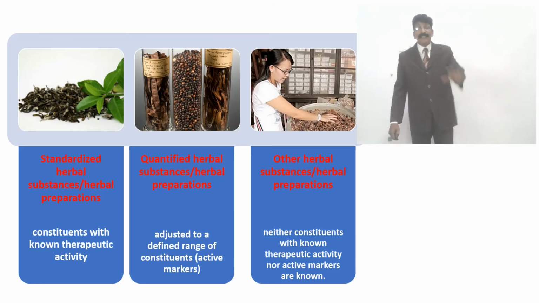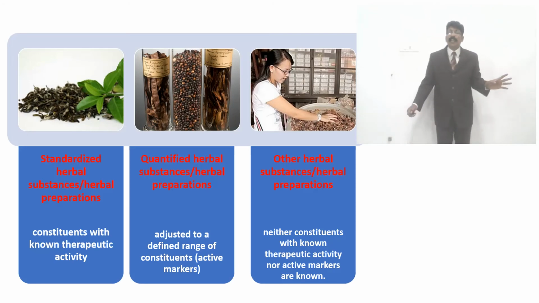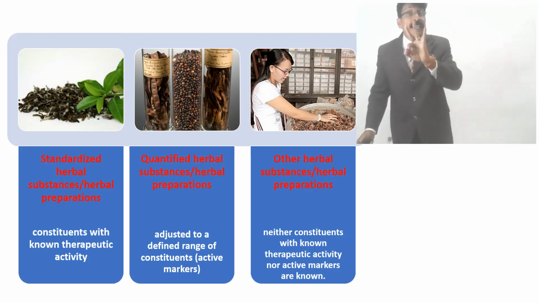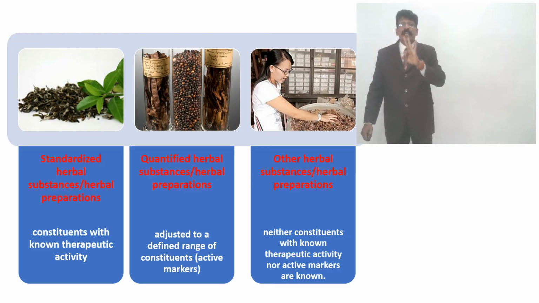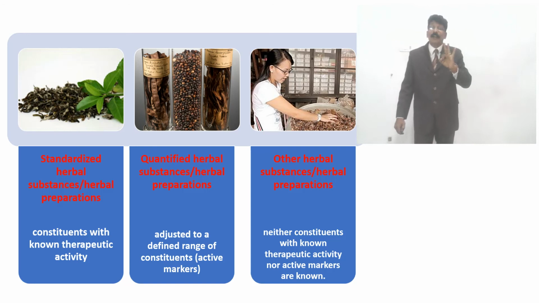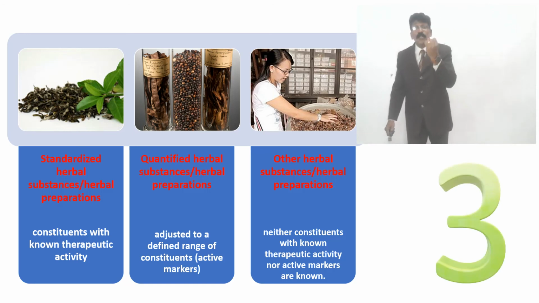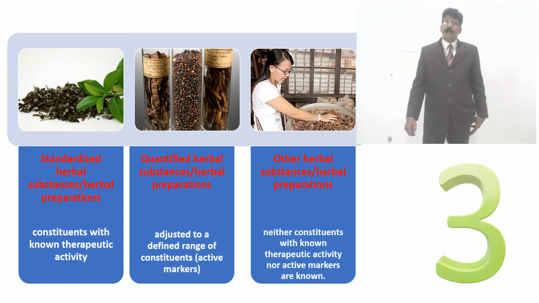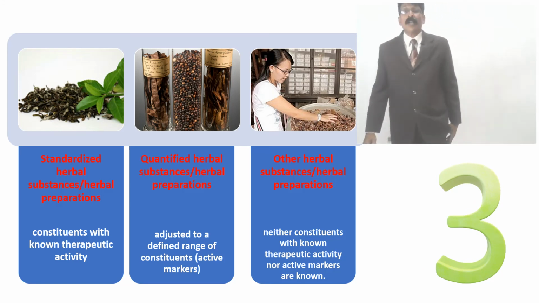And this is a small slide which I made to summarize the content of the previous slides on the 3 categories. They have differentiated herbal substances or preparations into 3 categories. What are the 3?